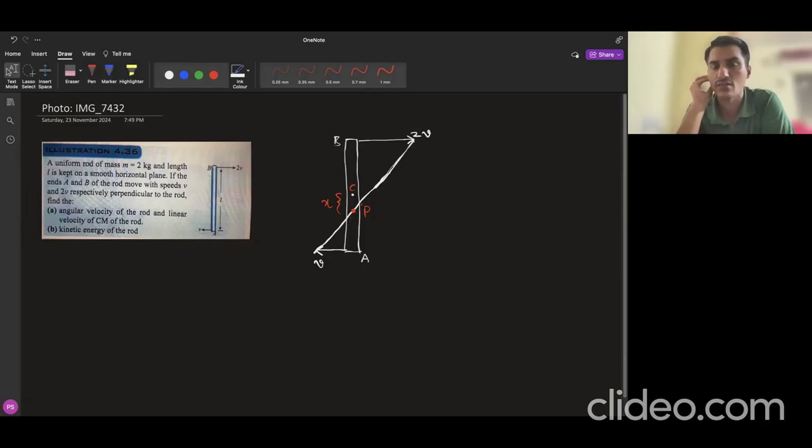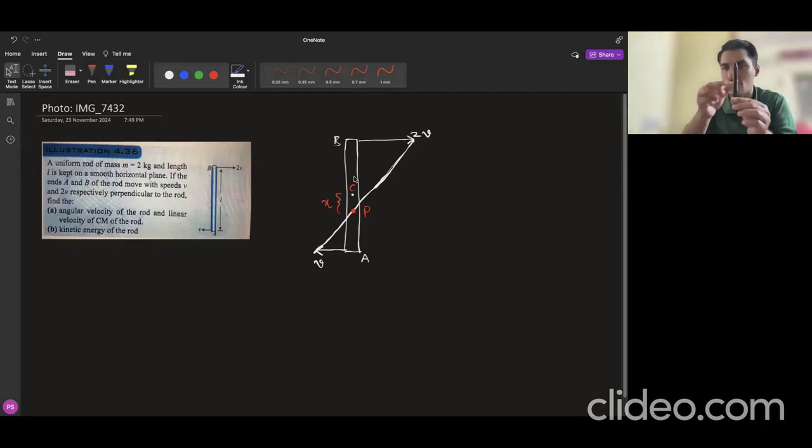The center of rotation does not rotate, right? So at that point P, the velocity of center of mass and the rotational velocity r omega are both equal. It means that point P will be at rest while the total rod is rotating.